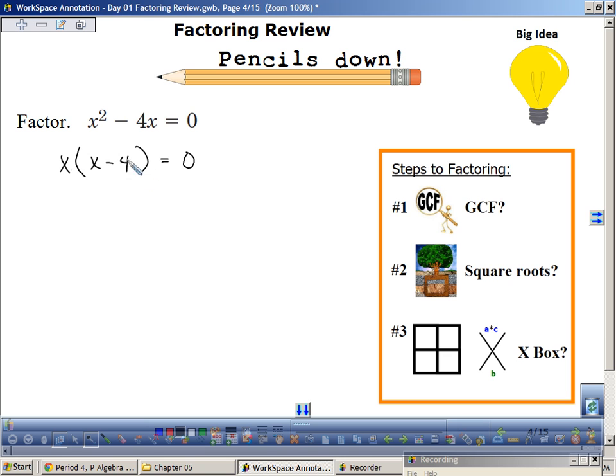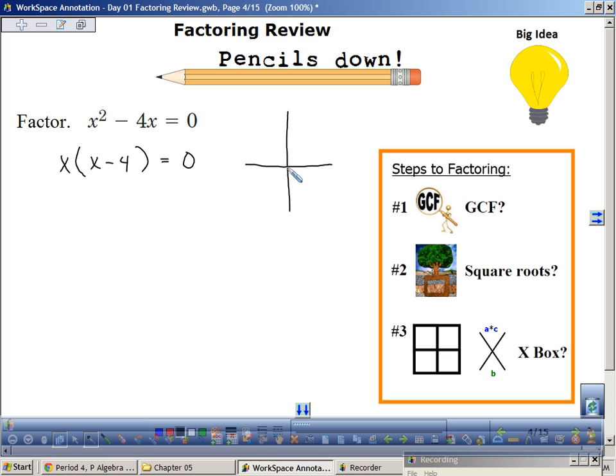Does anybody know what we're trying to find when we factor? From Algebra 1, do you guys remember? We're trying to find where the graph crosses the x-axis.